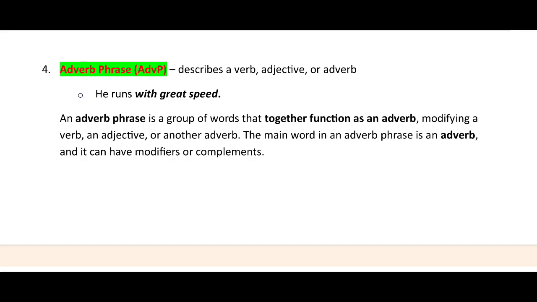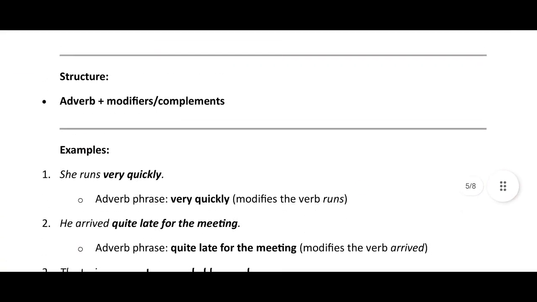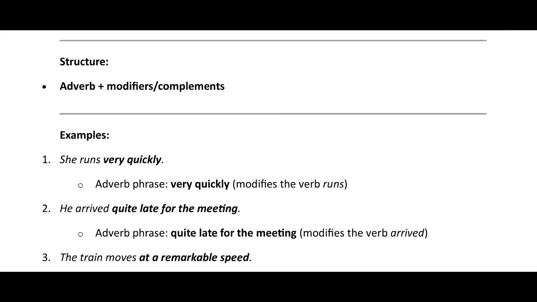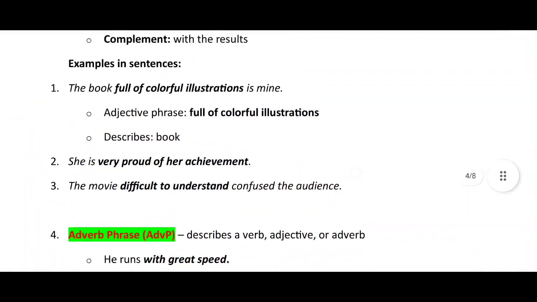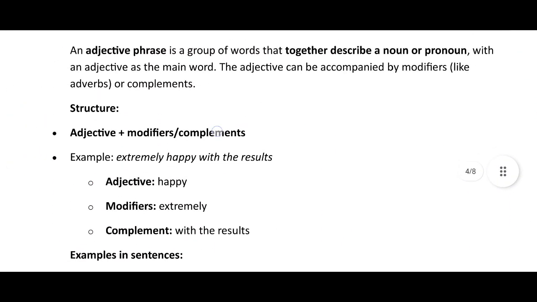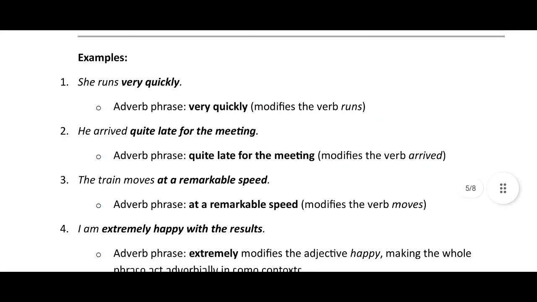Here, what is the adverb? He runs with great speed. Now let us see the structure: adverb phrase, modifiers plus complements. We already discussed this structure, and we are discussing it again a second time.